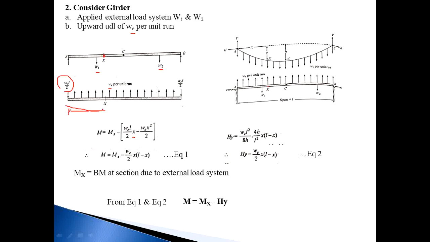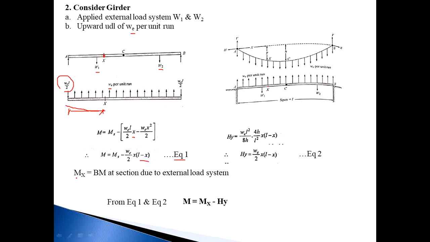WE into x, and where is it acting? At x by 2. So this becomes WE x square divided by 2. By simplifying this equation, we get M is equal to Mx minus WE by 2 x in bracket L minus x. This is equation number 1.